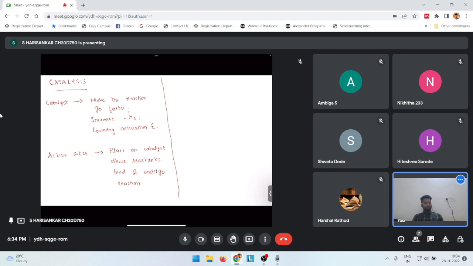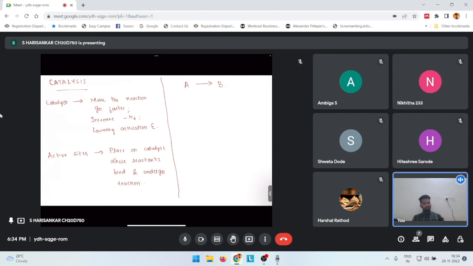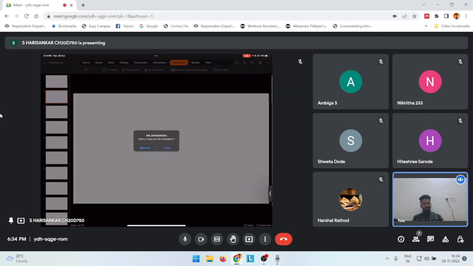Okay, so let us just consider the simple reaction, A gives B. Let's say we have a catalyst like this, and catalysts are usually not smooth surfaced.